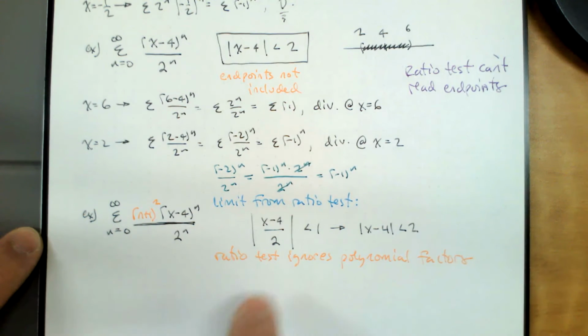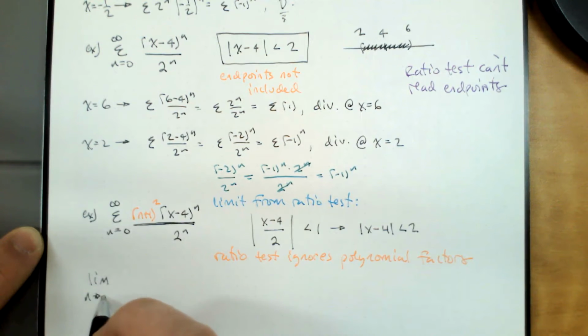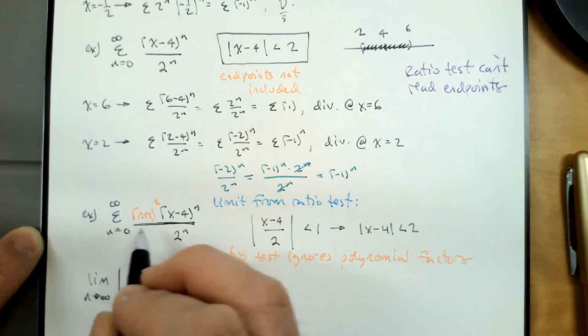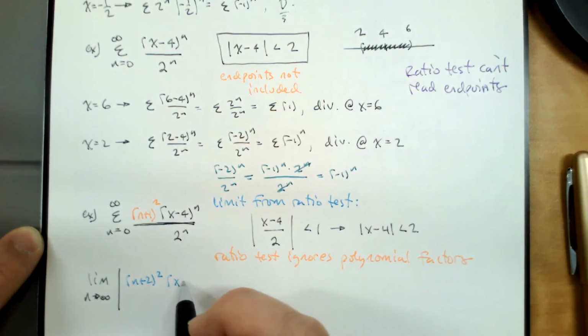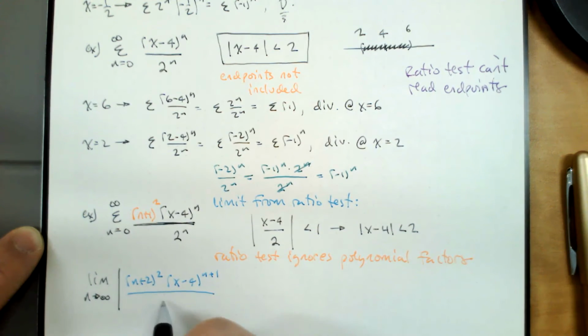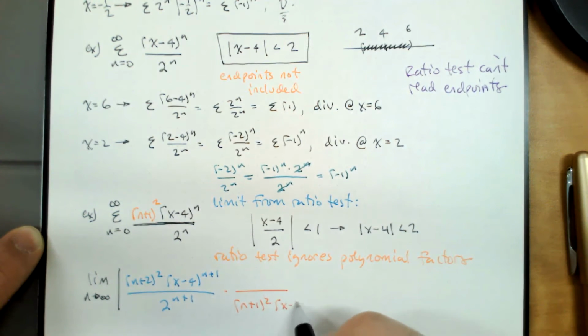Well, let's actually see this happening. If we use the ratio test, we'll take the limit as n goes to infinity of the absolute value of a n plus 1. So n plus 1 is n plus 2 squared, x minus 4 to the n plus 1, and then divide by n plus 1 squared, x minus 4 to the n.